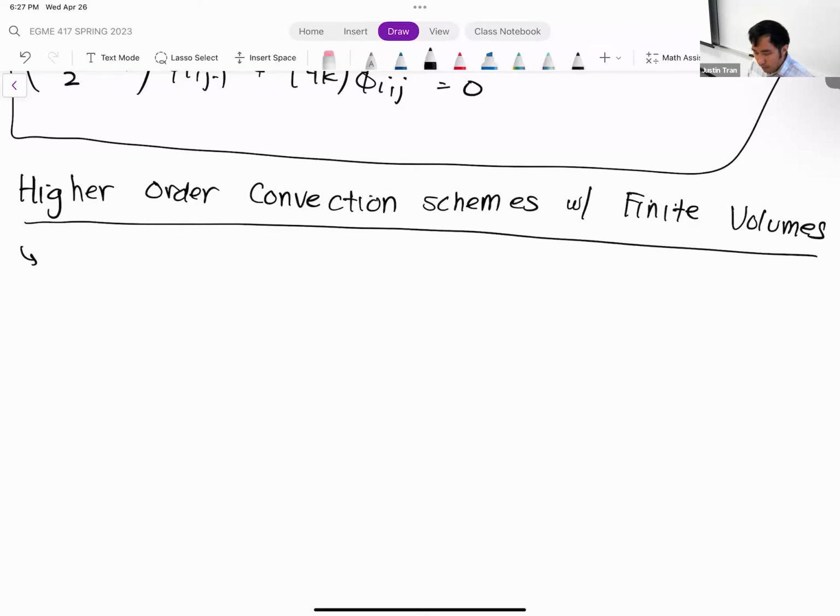And so for 2D finite volumes, remember the focus of our efforts are on the 4 edge integrals or 4 face integrals.